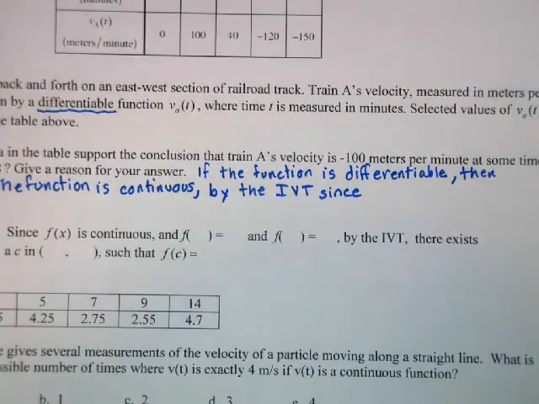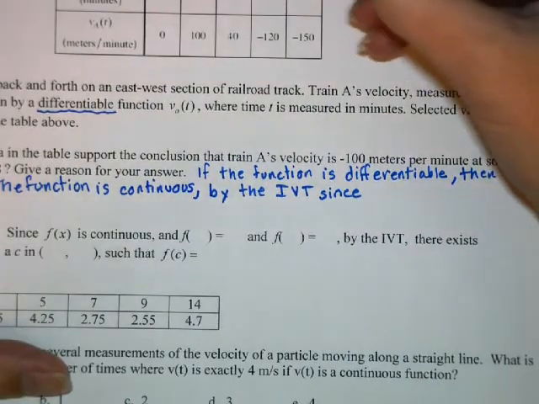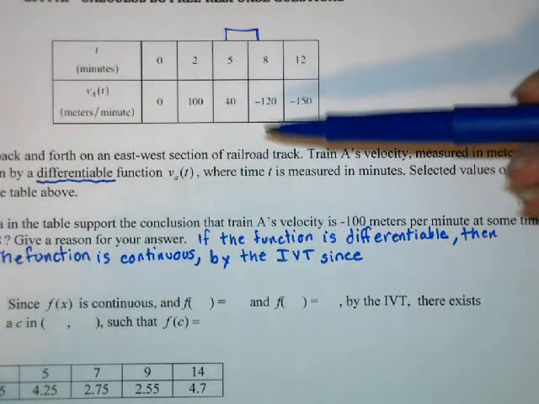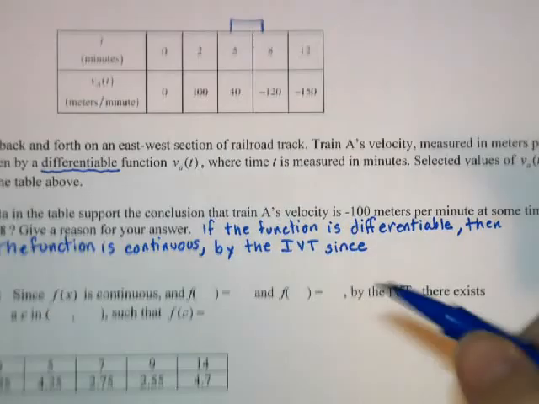Since we're looking at -100, we're looking between 5 and 8. Between 5 and 8, we went from 40 to -120.